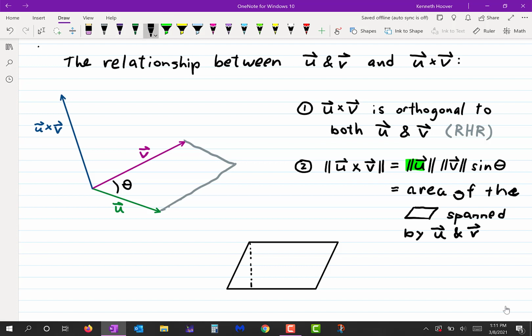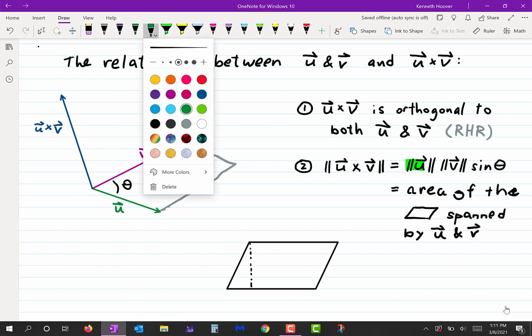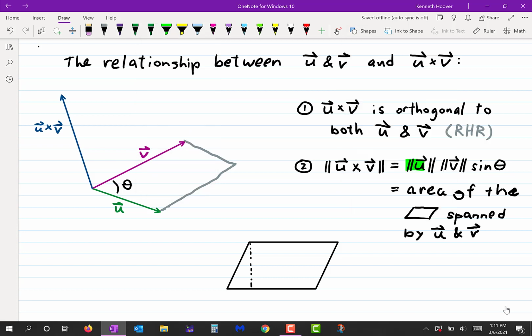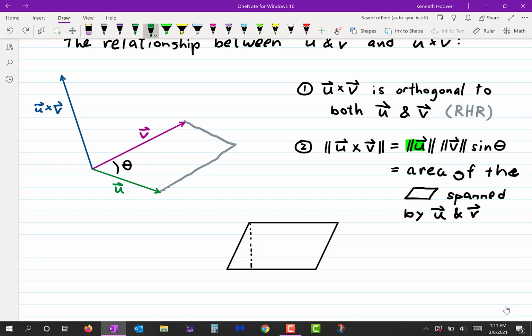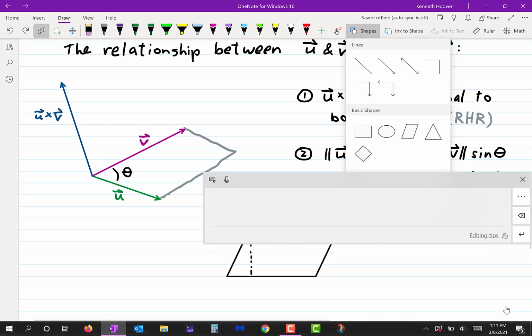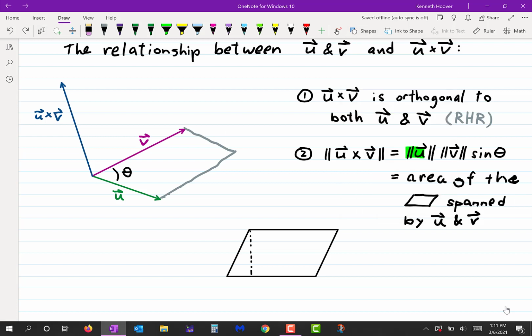Let's put vector u right along the bottom. Wow, this is really starting to turn frustrating. Okay, let's put vector u right there.